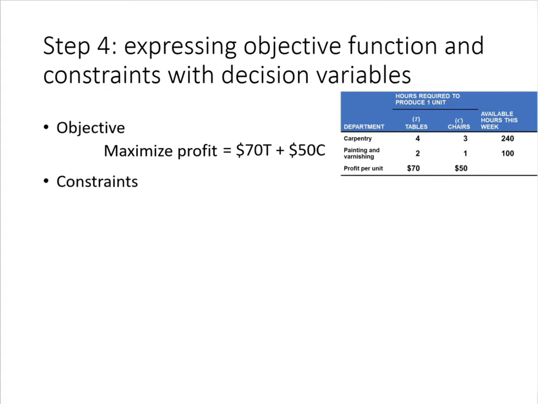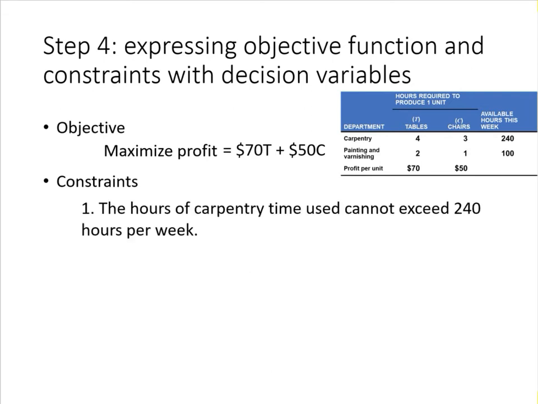Next, let's formulate the constraints. The first constraint is that we cannot use more than 240 hours of carpentry time. So how do we represent this constraint in a mathematical expression? First, each table needs 4 carpentry hours. So if our decision is to make T units of tables, that means we need 4 times T carpentry hours.